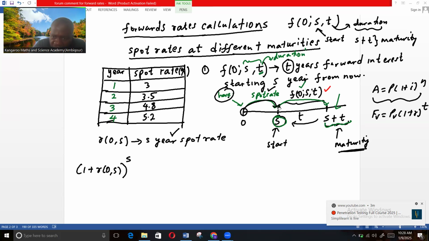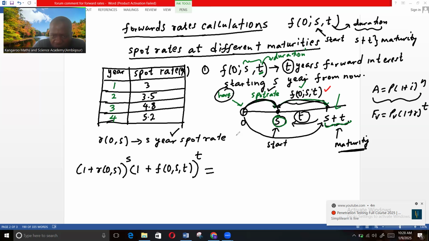Then from S up until S plus T, we're just left with T. So it means we want to determine that forward interest rate. So it will be 1 plus the forward interest rate, which started in S, but with the duration of T. So this also, we need to compound it. So it will be to the power of T, equals, remember, from here up until there, multiplied by from there up until, the same as when you just move from here up until there.